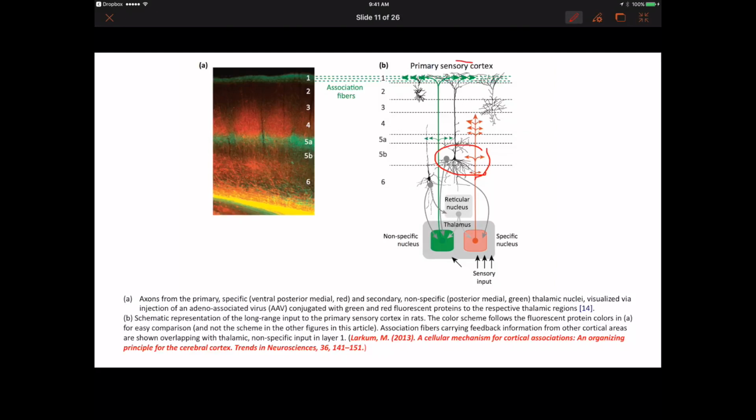Here you see the dendrites that now can receive the feedback input. You can see that there are two nuclei involved in the thalamus, the non-specific and the specific nucleus. The specific one driving the sensory feed-forward input, arriving in layer 4 and perhaps in layer 5, and the feedback system is then rerouted here from the dendrites back to the pyramidal cell.